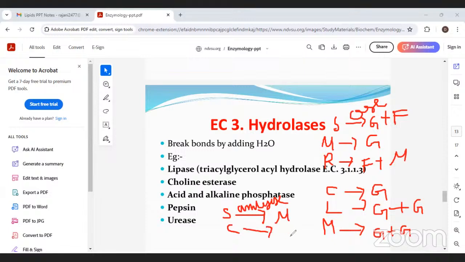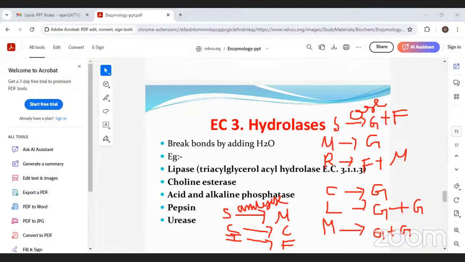Cellulase enzyme acts on cellulose to give cellobiose. Inulin is converted by the inulase enzyme into fructose. These are all the carbohydrates. This is the first one, hydrolases acting on carbohydrates.